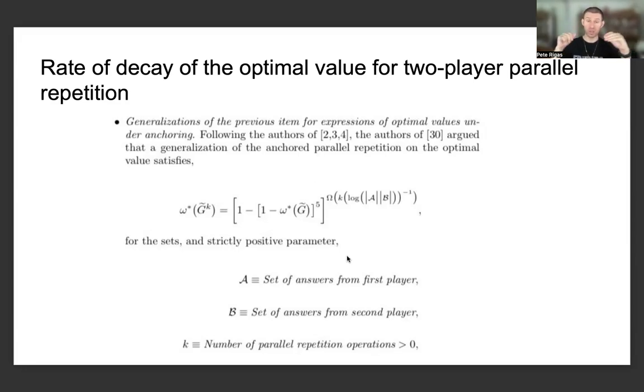In this bigger parentheses, they have this big omega function, which is another complexity theoretic function that depends upon k, little k, the number of rounds of parallel repetition, as well as the reciprocal of the natural logarithm of the product of the answer sets provided by Alice and Bob. So again, script A is the set of answers from the first player, script B is the set of answers from the second player, and little k is the strictly positive parameter representing the number of parallel repetition operations.